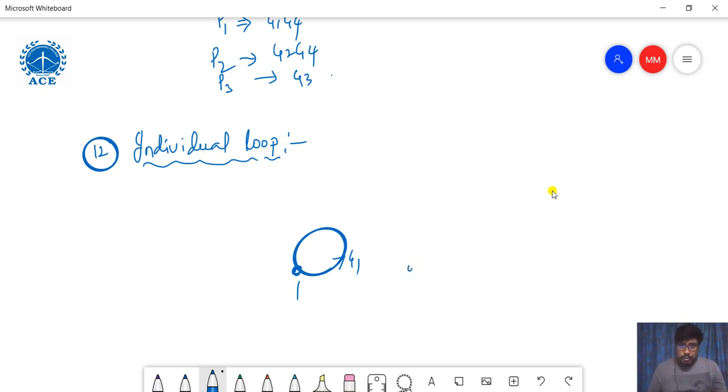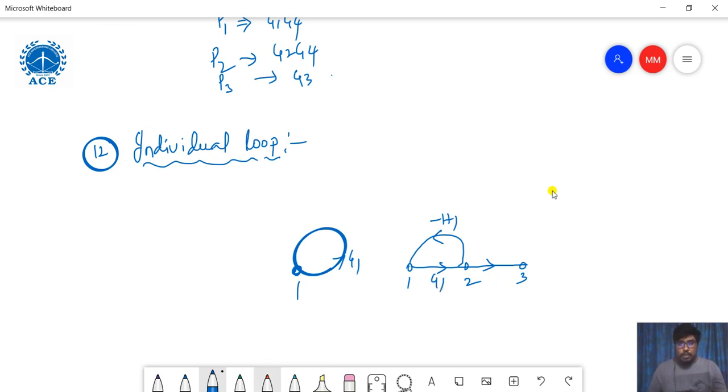Or see, nodes 1, 2, 3. Now this one is moving directly from node 1 to 2 to 3, and it is coming in reverse, say minus H1, for example. This is G1.